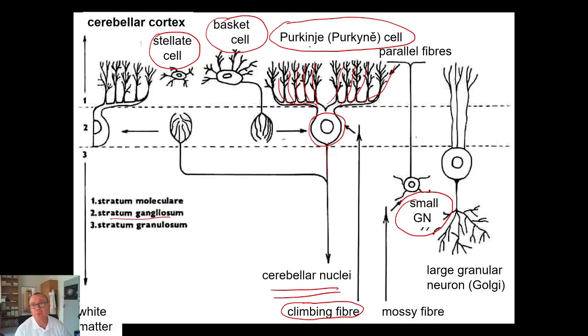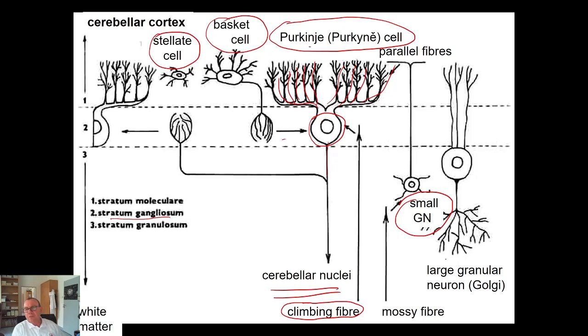Their axon is going through the layer of Purkinje cells and is branching as a letter T in the molecular layer, forming so-called parallel fibers, forming synaptic contacts with dendrites of Purkinje cells. Small granular neurons are very numerous, you will see it.